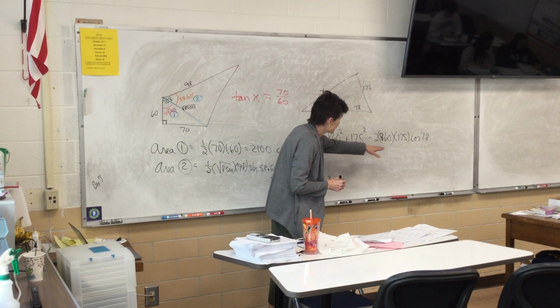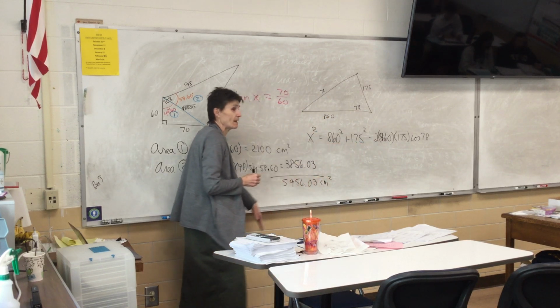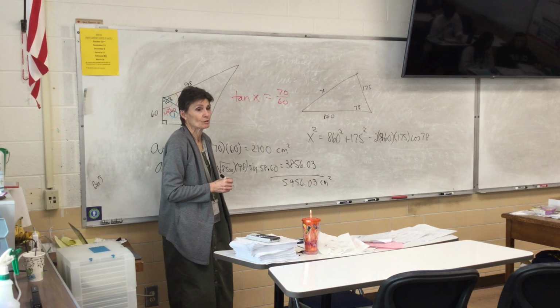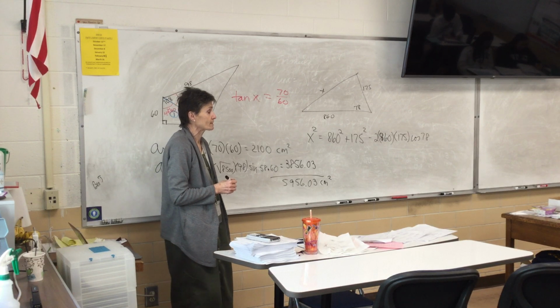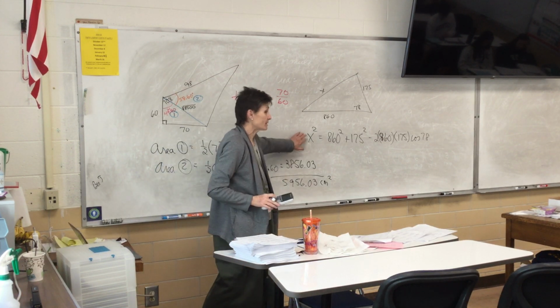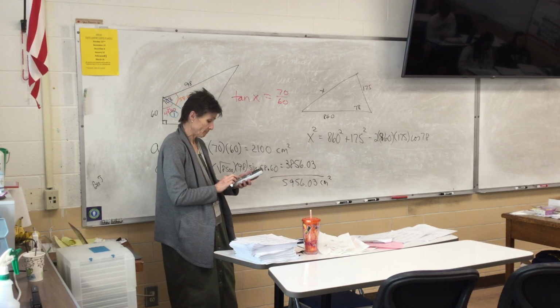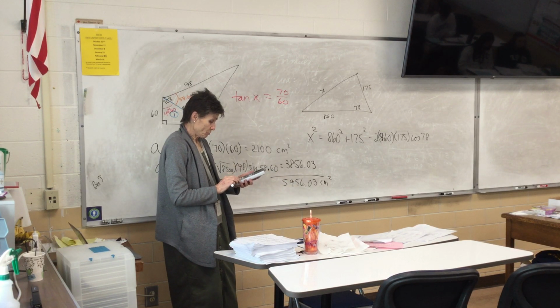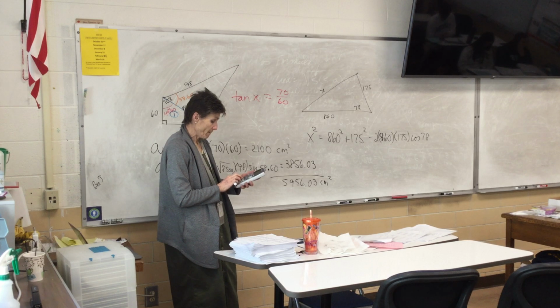Take a look at that, are you okay with that? That makes sense to you in terms of the way the law of cosines works? This is an easy one to type in because the variable's all by itself. The only tricky thing here is remember to take the square root after you get it all multiplied out.